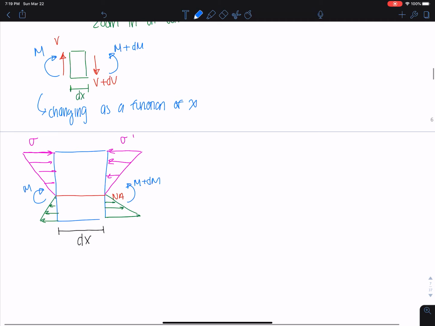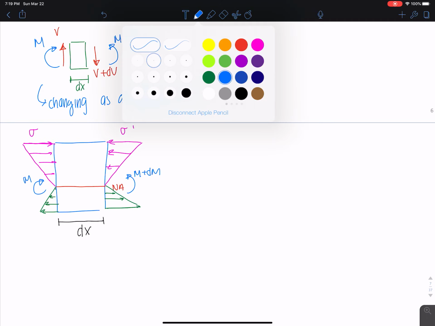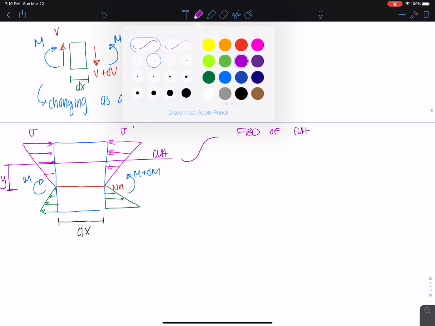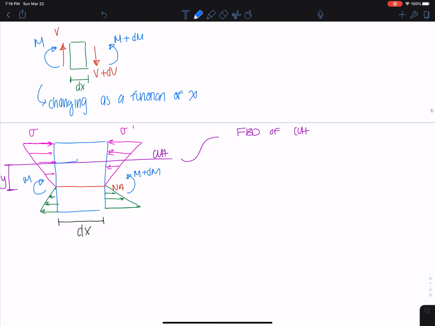Then I want to look at some location above the neutral axis, any location, so I can derive it for any place on this beam, y. So I'm going to cut right here and zoom in. Let's do an FBD of the cut. I'm going to draw the top portion of that.